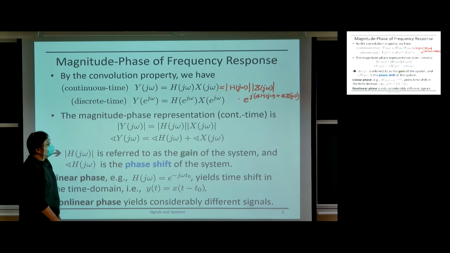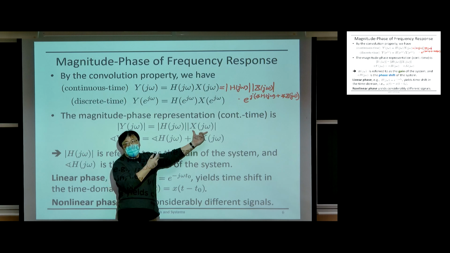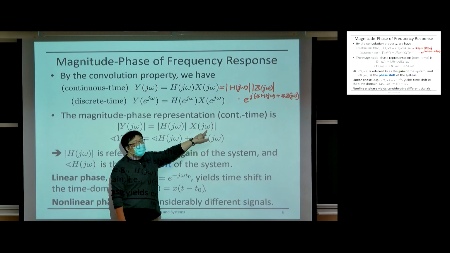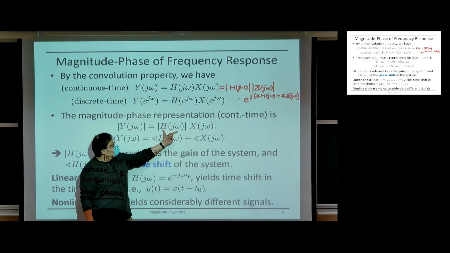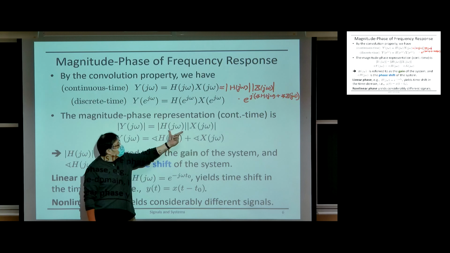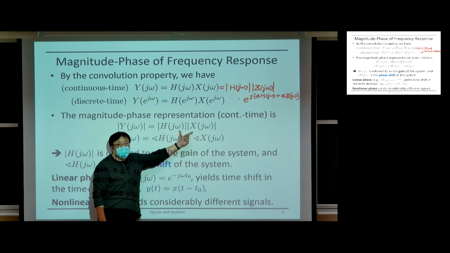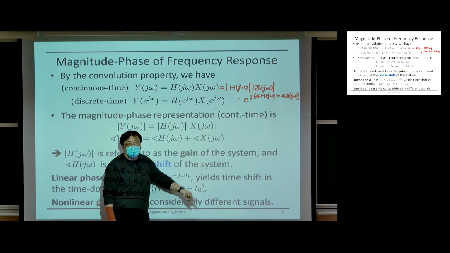And this is quite intuitive, right? Because as we mentioned, this is the magnitude of the frequency component, omega, for the signal. Okay? So when you multiply with the magnitude of the frequency response at this frequency, it basically tells you how much you should magnify this frequency component of the signal. Okay?